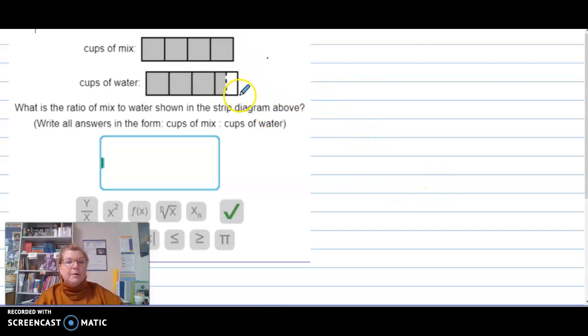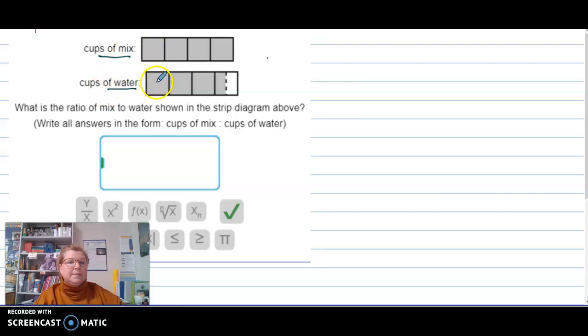Now these are in Get More Math, so it's a little different look than Think Central, but the idea and the work is still the same. Okay, so here we have a tape diagram representing cups of mix. If you ever bought those little Crystal Light lemonade packs, that's what I'm thinking of, this powdered mix. And then you add it to an amount of water.